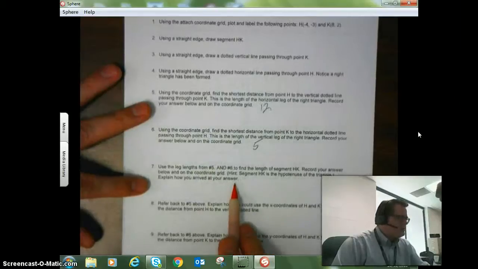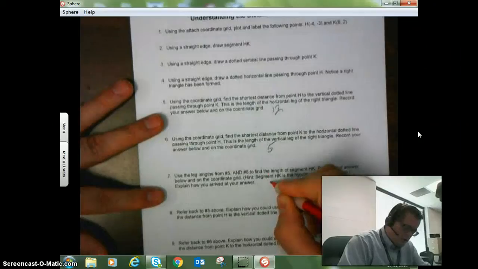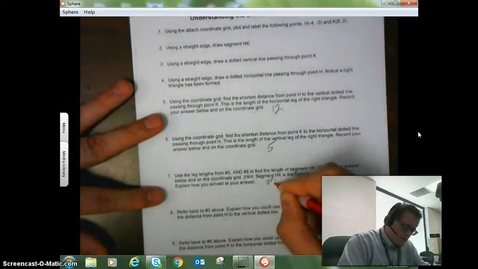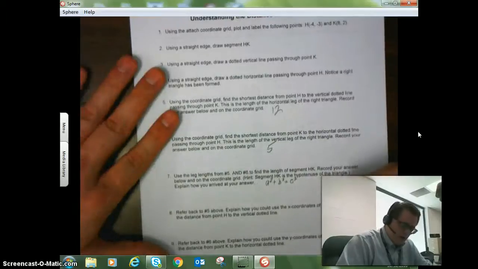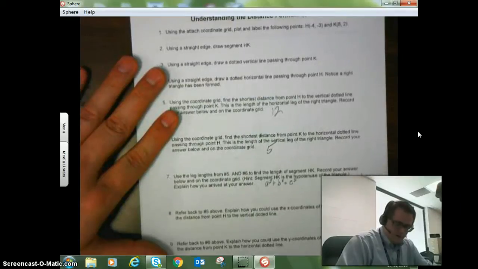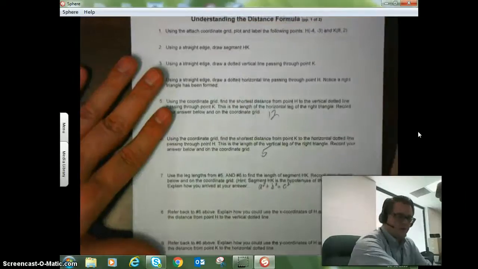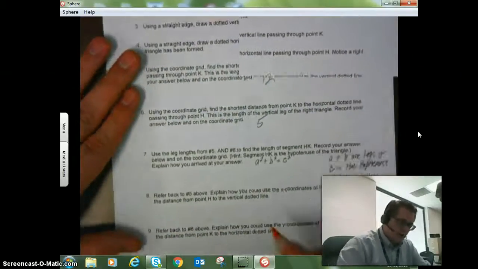Now, how are we going to do that? Well, because it's a right triangle, we can use the Pythagorean Theorem, which says a squared plus b squared is equal to c squared, where a and b are legs of a right triangle, and c is the hypotenuse, which in this case is what segment HK would represent of the right triangle that we see in our graph.